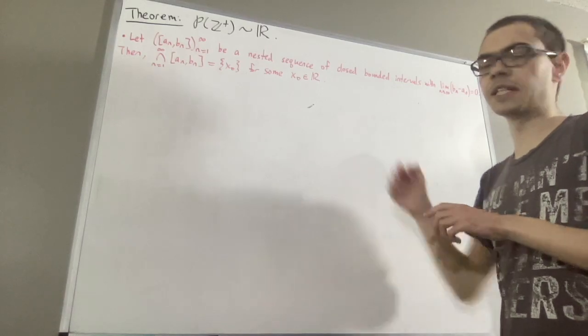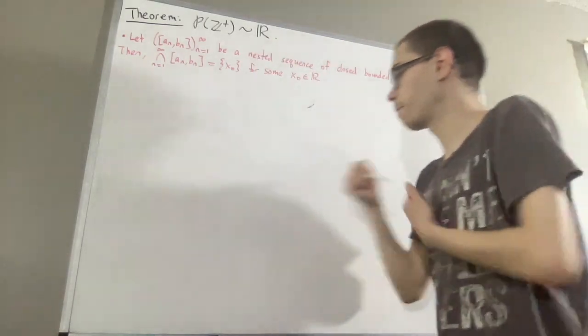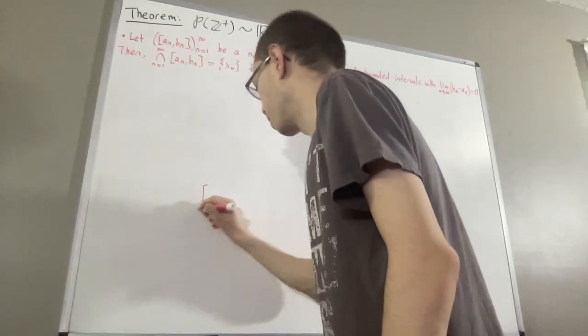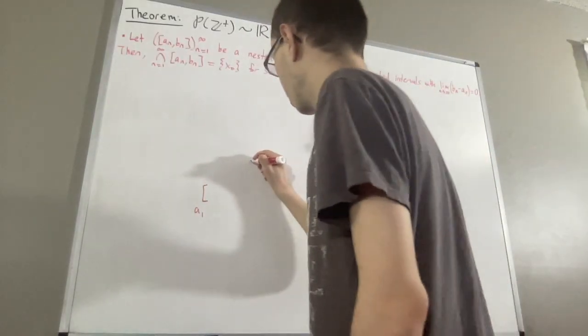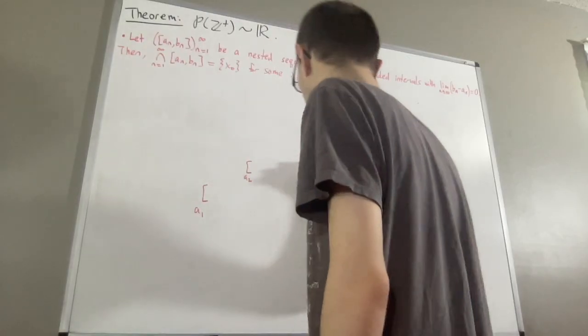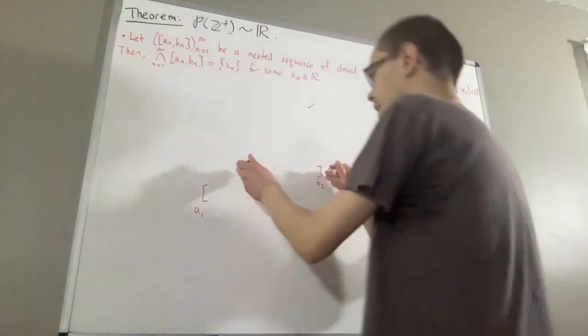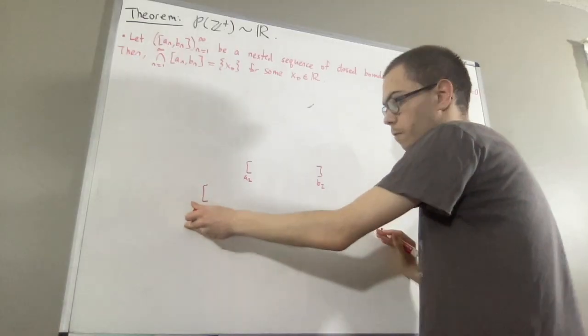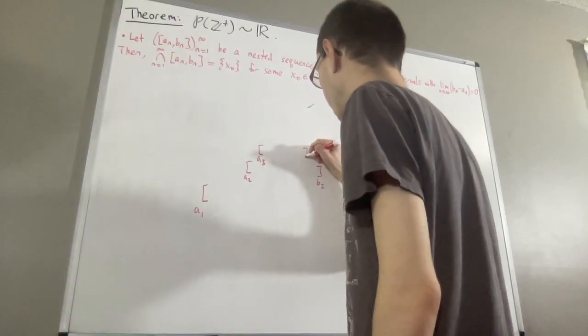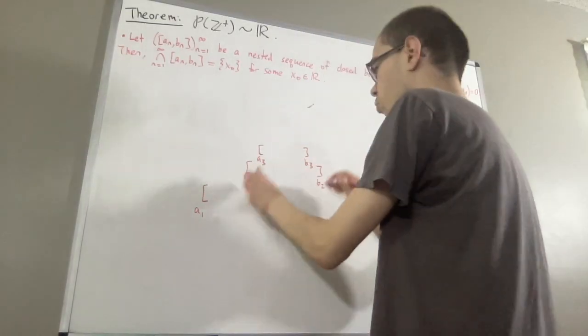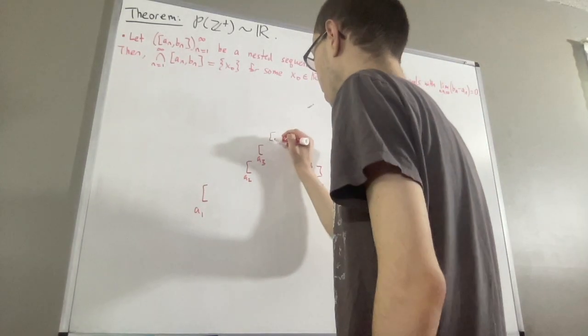So to get an idea of what's happening here, we have our first closed interval, a1 comma b1. We have our second closed interval, a2 comma b2. It is contained in the previous interval. We have our next interval, a3 comma b3. Right? It's contained in the previous interval, and so on.